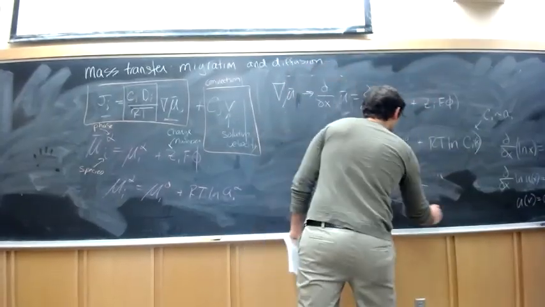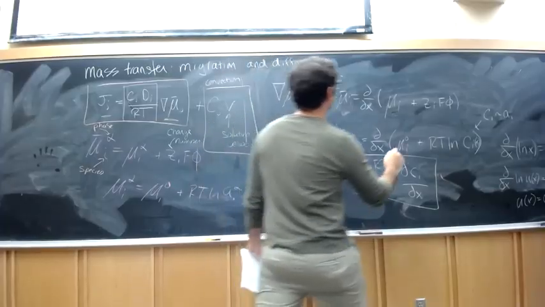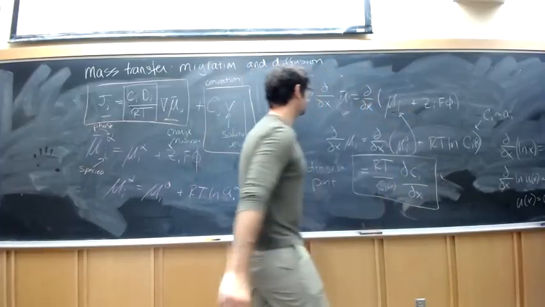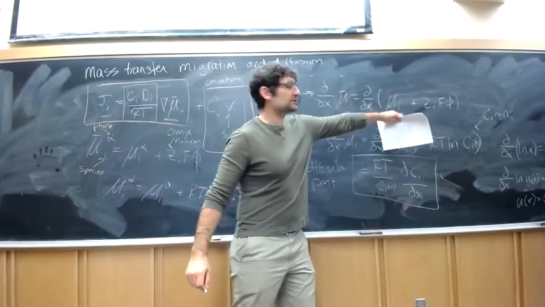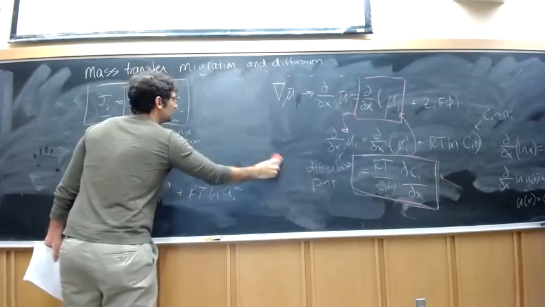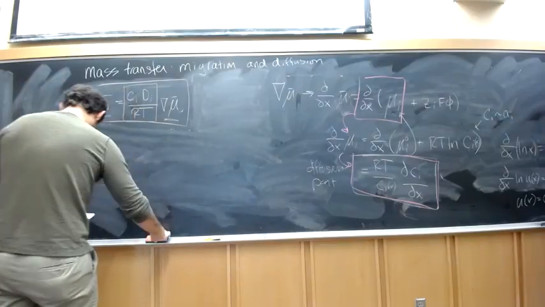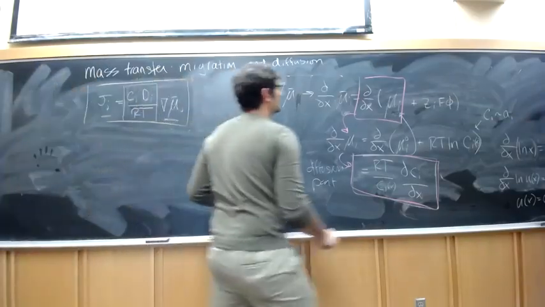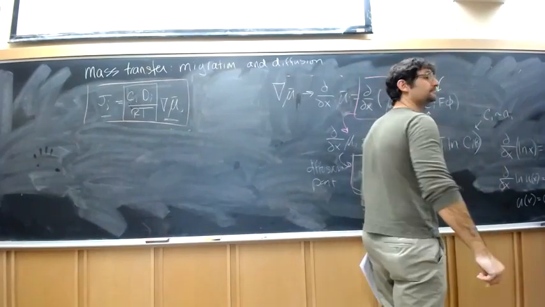Okay, so this is the diffusion part, which needs to go in there. So I took the derivative of this term first. So we've got to evaluate now the electrostatic term. That one's going to be easy, because if I take the derivative of this, does z depend on x?